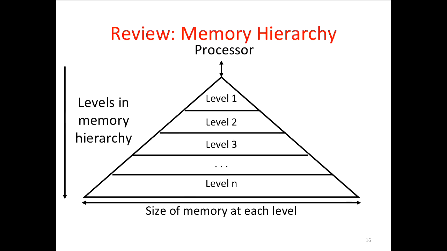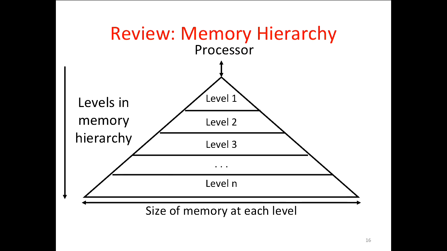Now, when people talk about levels in the memory hierarchy, you'll hear people talking about upper and lower memory hierarchy. Unfortunately, people use those to mean exactly the opposite depending on who you speak to. Some people think upper is close to the processor. Some people think upper is those levels with a bigger number, right? Level 3 is more upper than level 1.